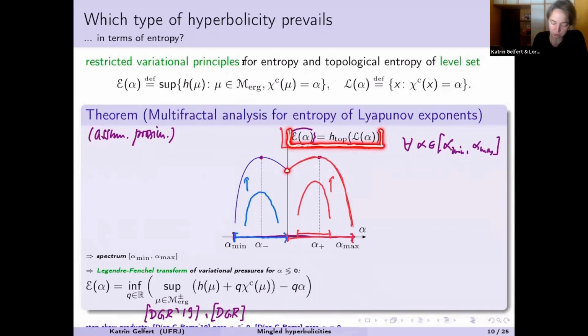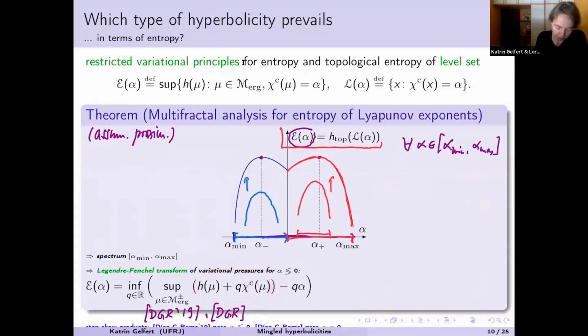So about the construction of the ergodic measures which are non-hyperbolic and which have as large as possible entropy. Okay. So, well, in fact, you can write this restricted variational principle. There's some pressure involved. I didn't write the formula for the pressure.